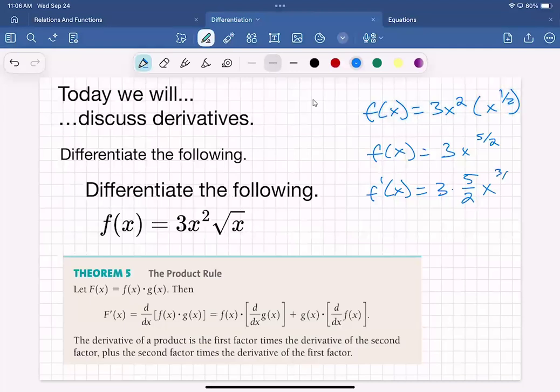The reason I show this is, hey, we better get the same thing as what we're going to find here. When I use the product rule, I better get back the same result: 15/2 x to the 3/2. Everyone follow me there? That's how we can simplify and use the power rule, sorry.